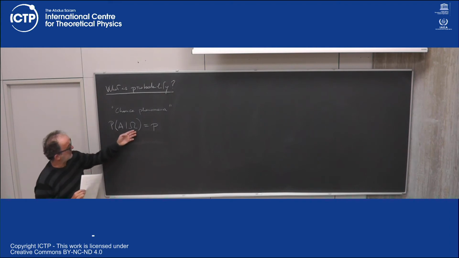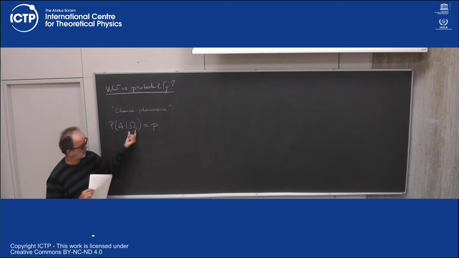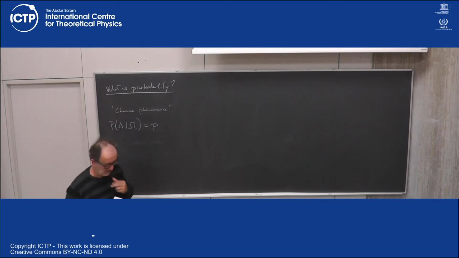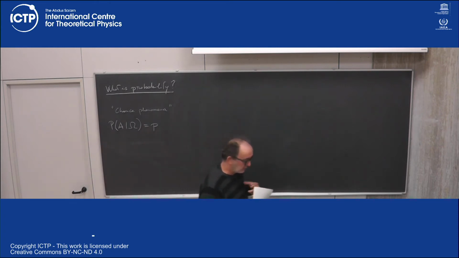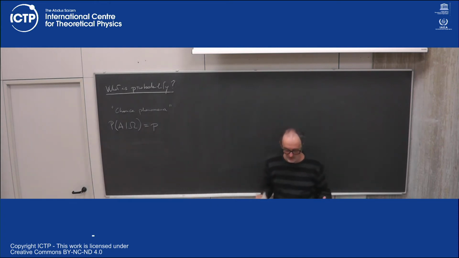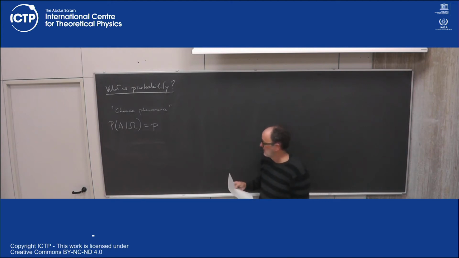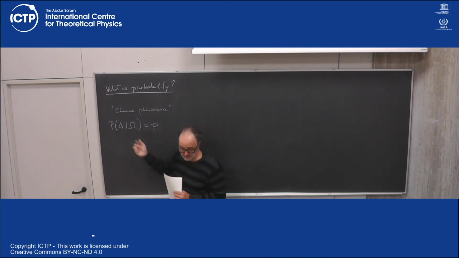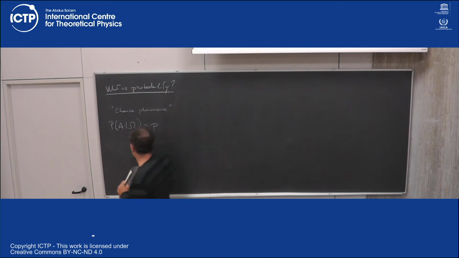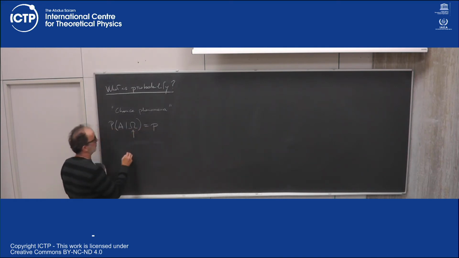Okay, and it is important to recognize that the probability does not only depend on the event that we are interested in, but also on the conditions under which, or what we know about the conditions under which this event is supposed to happen or not. Okay, so this is what is going to be called our state of knowledge.